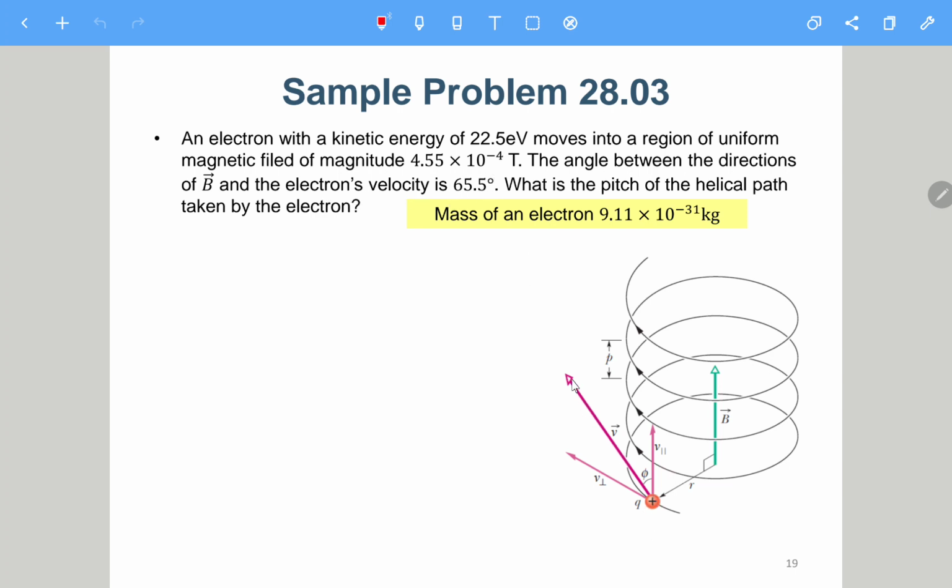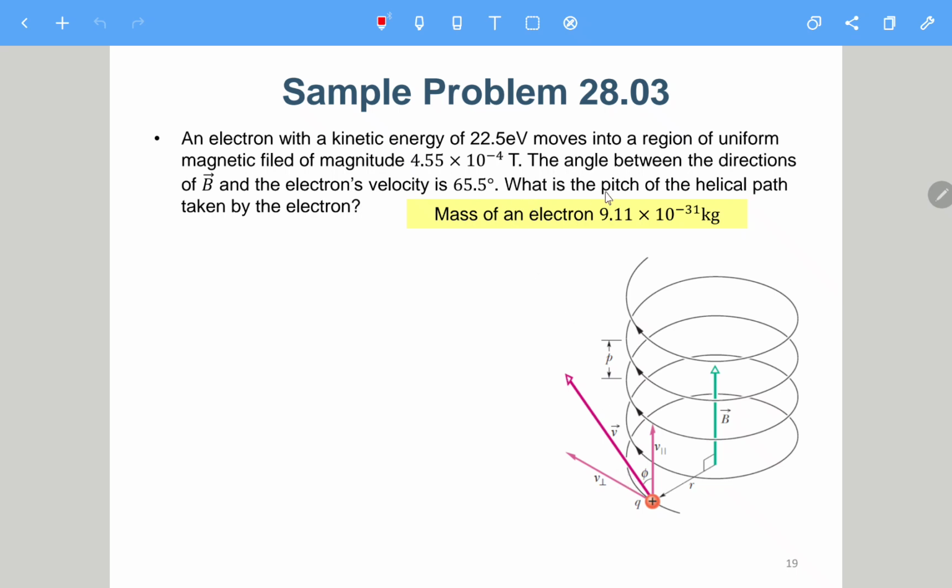So this V and B are not perpendicular to each other. In that case, we need to decompose this V into two directions. This V parallel is parallel to the B vector, and this V perpendicular is perpendicular to the B vector.